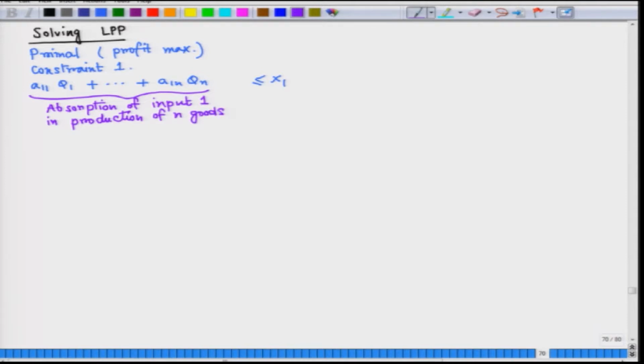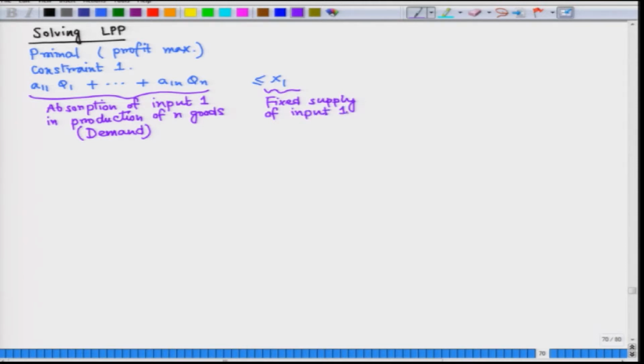You can say that this is the demand side of the story, the input demand. Now, let us look at the right hand side here. What is this? This basically talks about the fixed supply of input 1.